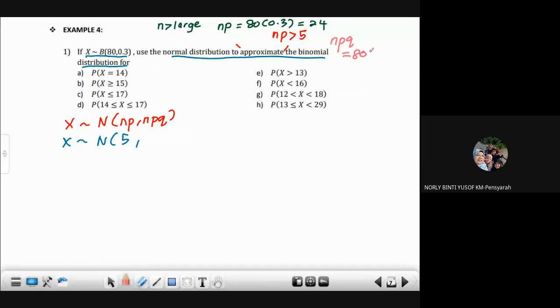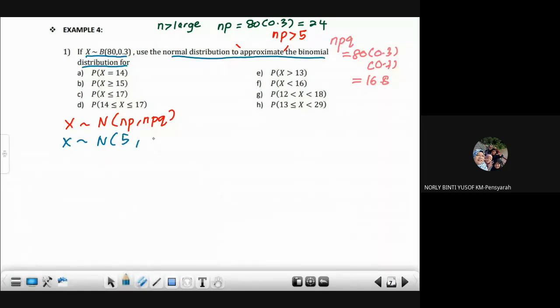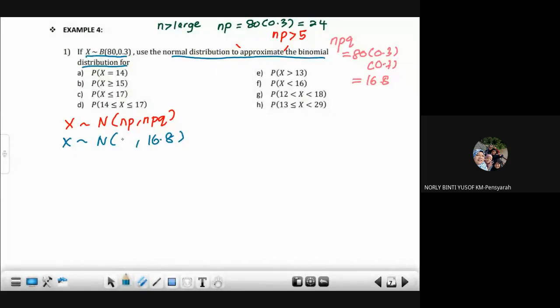So 80 times 0.3 times 0.7. So you got 16.8. So itu you tulis dekat you punya distribution. Selalu distribution normal daripada soalan kan. Sebab ini adalah approximate normal kepada binomial. So that is your discrete lah. Okay, so mean you 24, variance you 16.8.